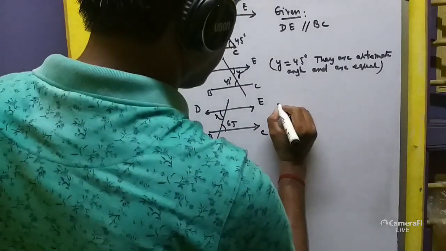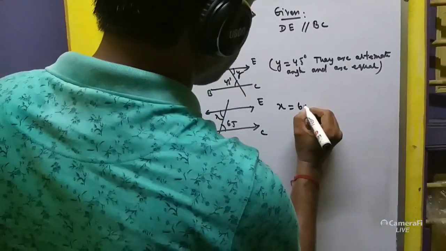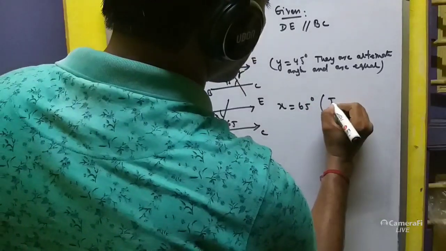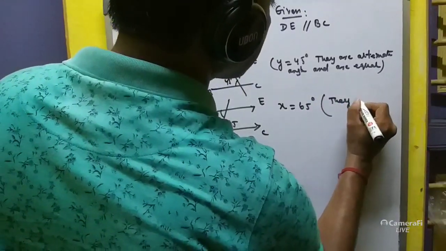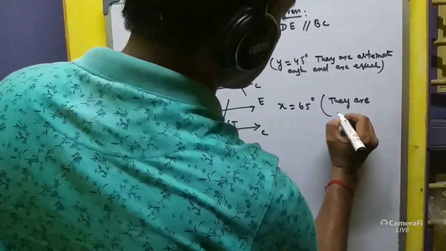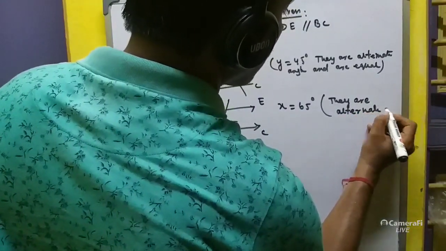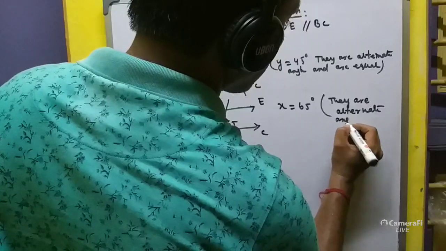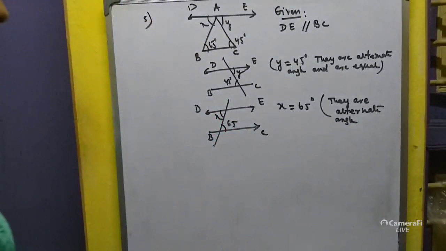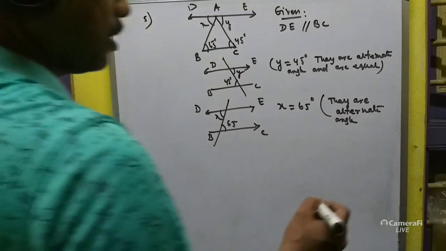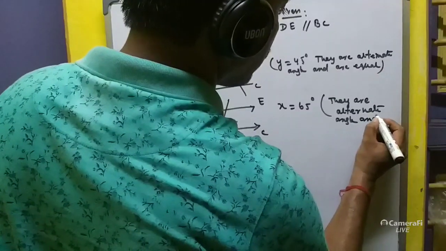So angle x equal to 65 degree. They are alternate angles and are equal.